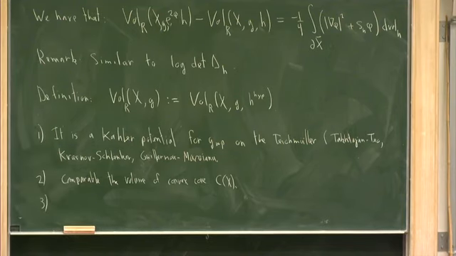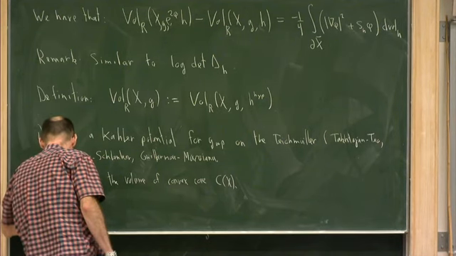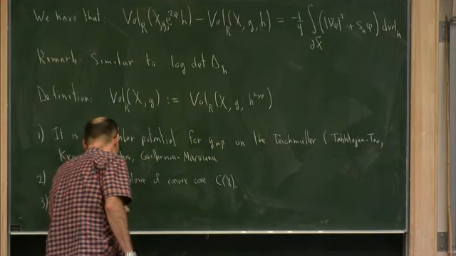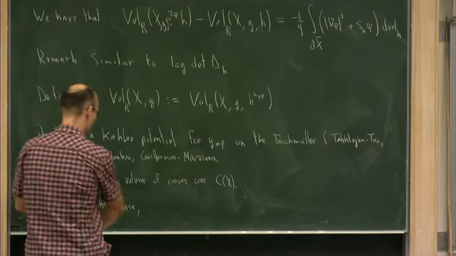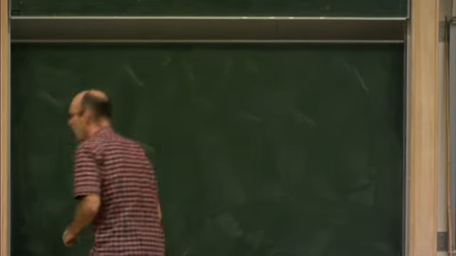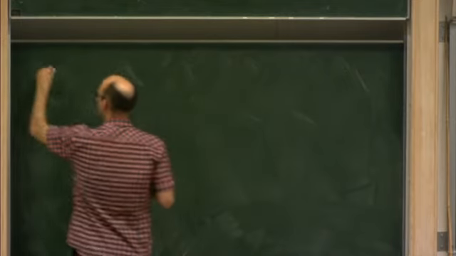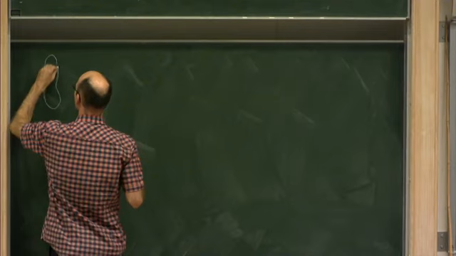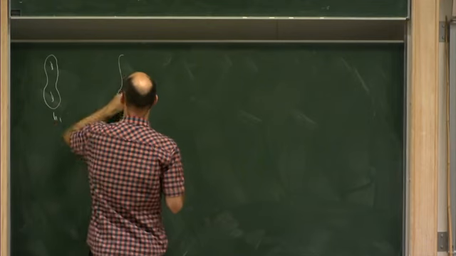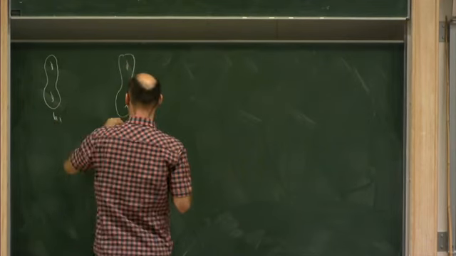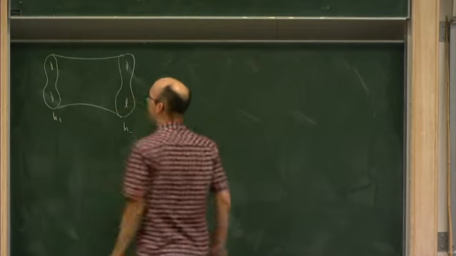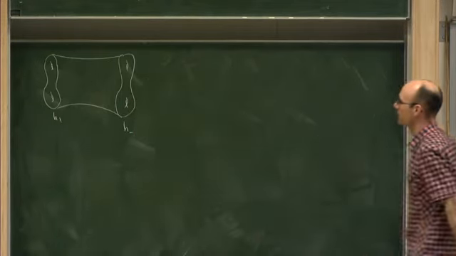And another thing is in the quasi-Fuchsian case. Just to say what it is, quasi-Fuchsian is a situation where the boundary at infinity has two components with the same genus. You can pick two different conformal representatives, h plus and h minus, and then you have a hyperbolic metric that interpolates between the two.